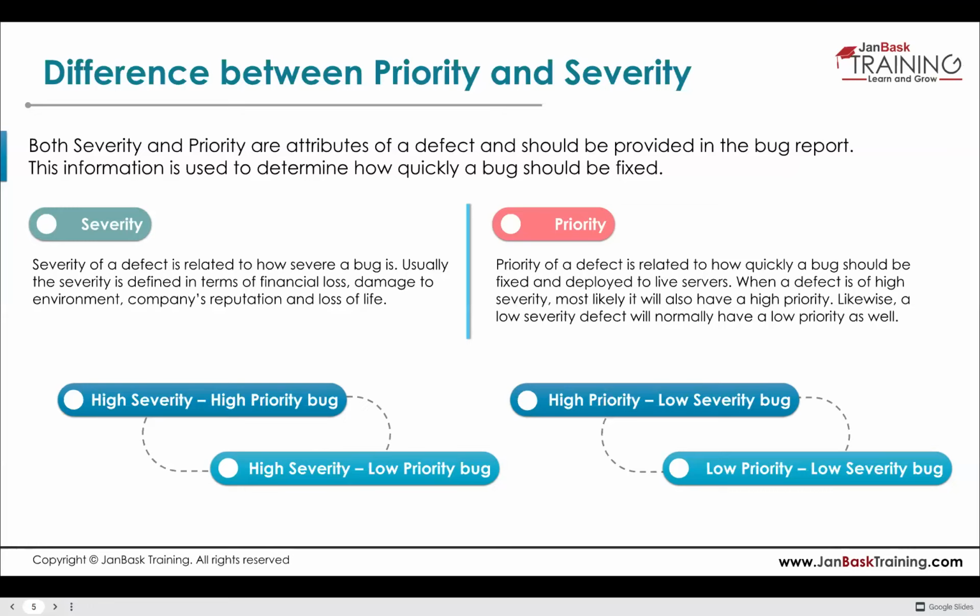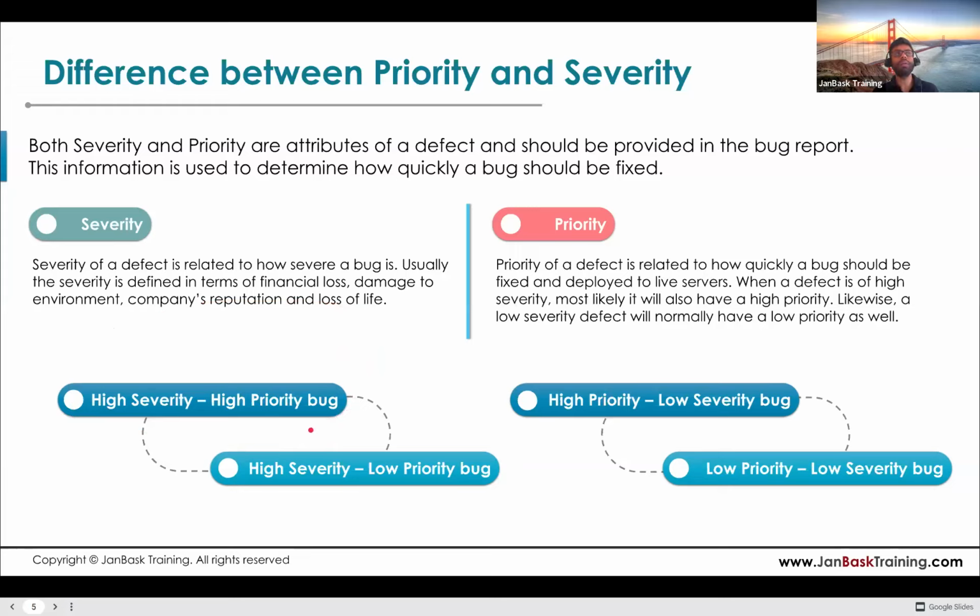So it's a high priority bug for the developer as well. They need to fix that bug as soon as possible, because otherwise it will impact the business of the company. And it's a high severity bug because obviously it's affecting the functionality of the business. So this is an example of a high severity and high priority bug.